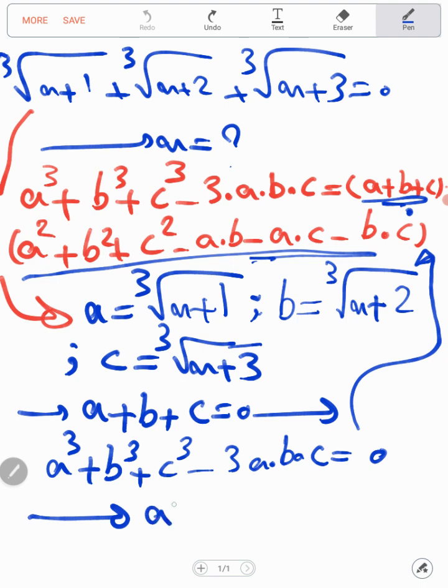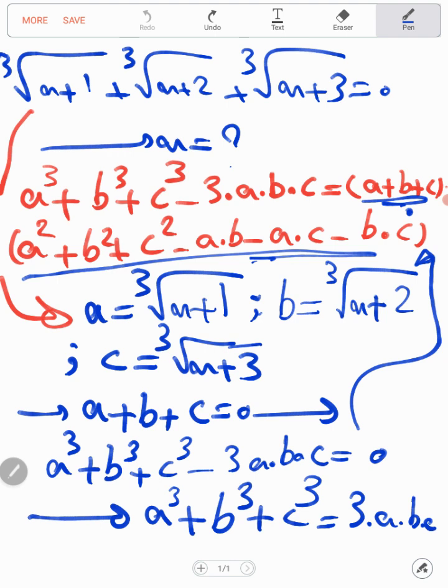We can have a cubed plus b cubed plus c cubed is equal to 3 times a times b times c. If we apply this formula, we can find an answer for this complicated math problem easily.